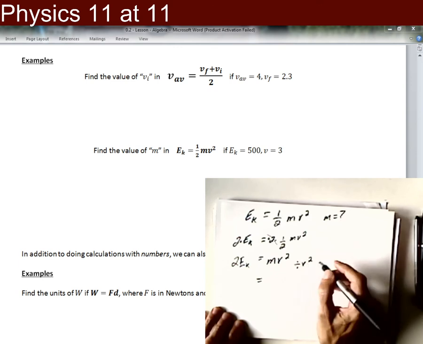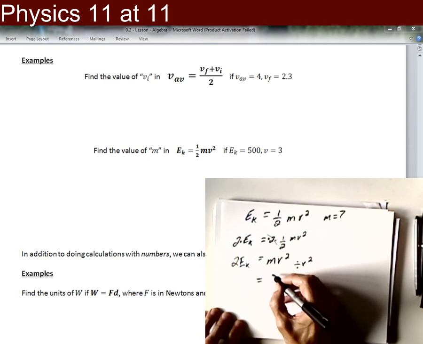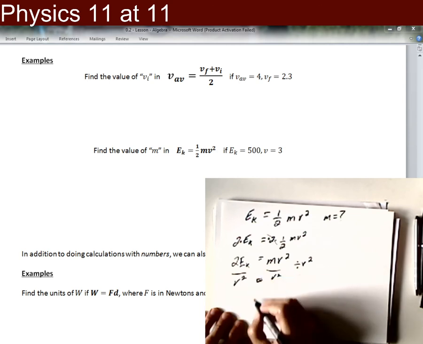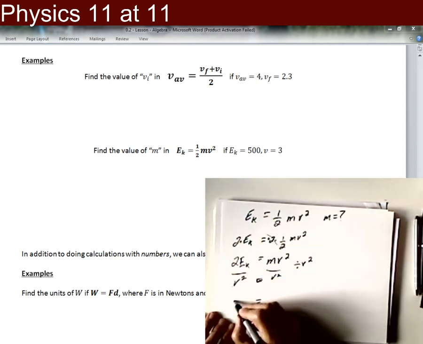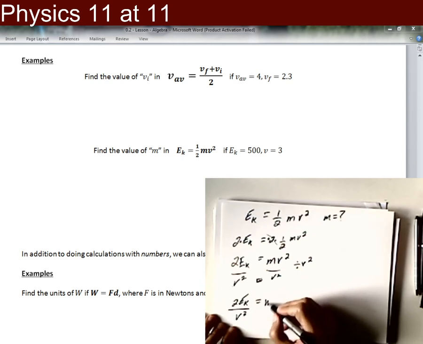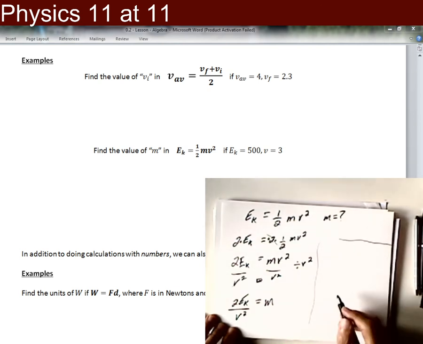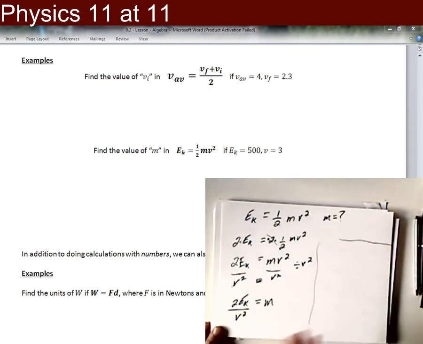We can divide by that thing. So we do that. Divide by v squared. And we get this expression here being equal to m. Sub in the numbers. We're done.